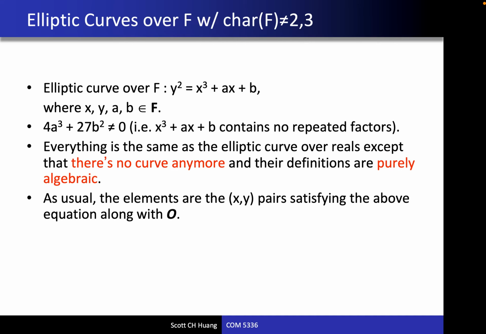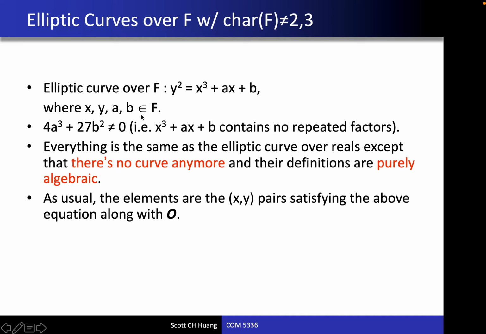Now, for any elliptic curve over a field with characteristic not equal to 2 or 3, we can apply our ordinary formula, just like what we did with real numbers.